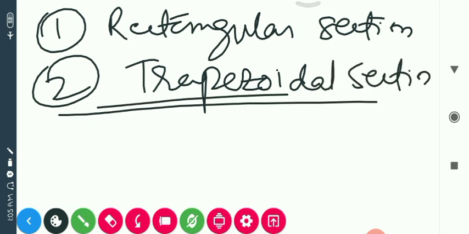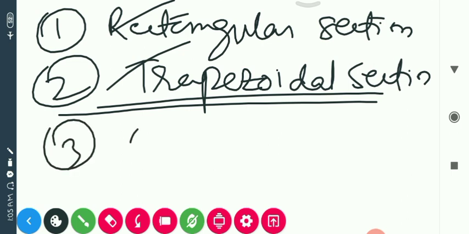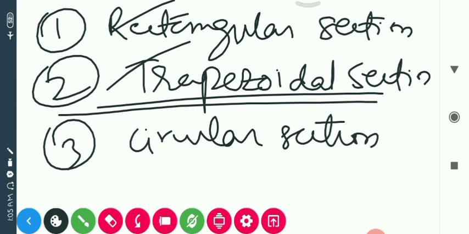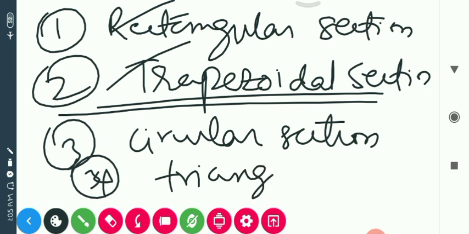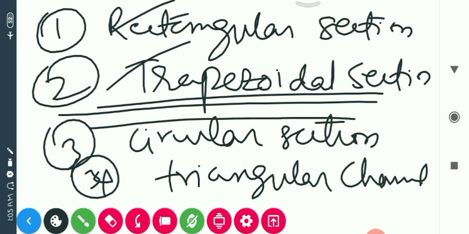In the next session we will solve some numericals based on the rectangular section and the trapezoidal efficient section, and we will deal with the circular channel section and the triangular channel section. So this was all for now for this session.